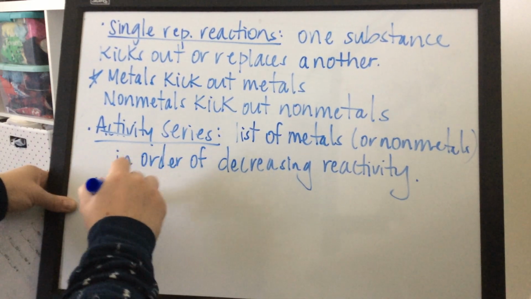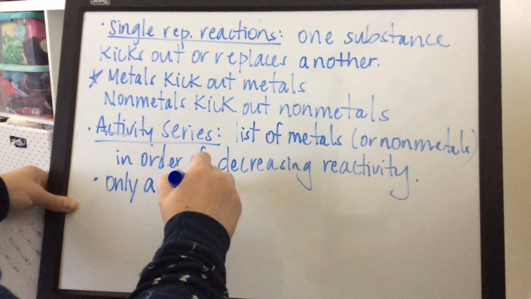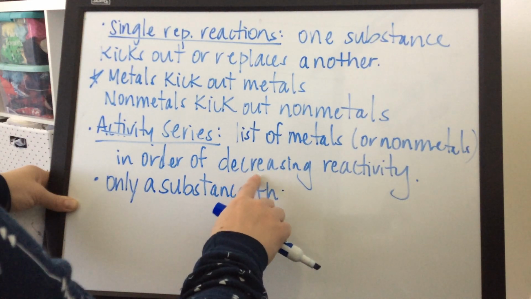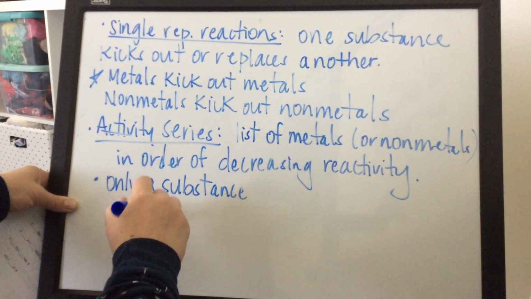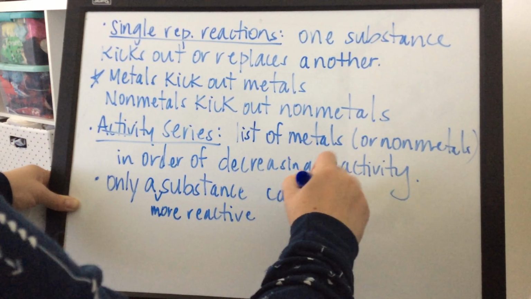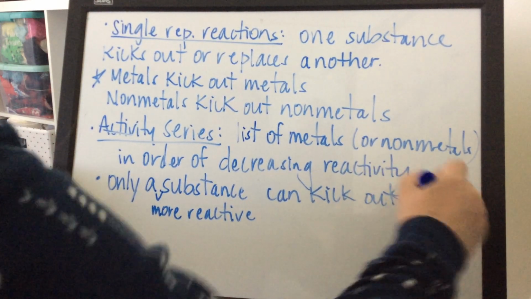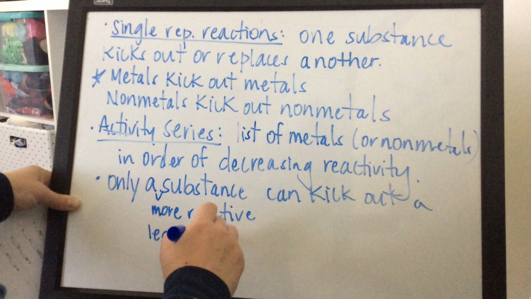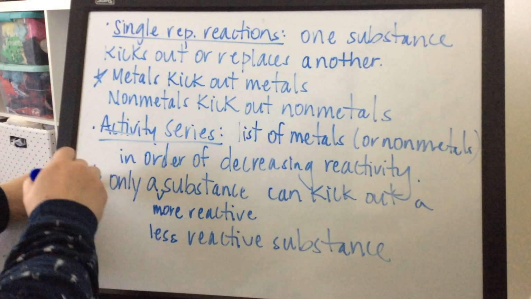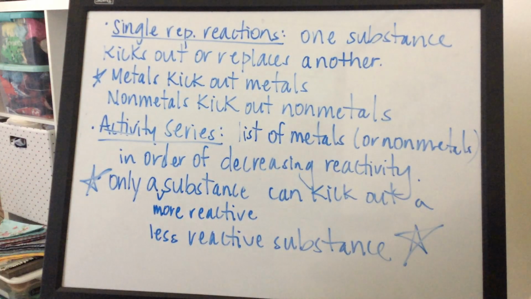I'm going to add this: only a more reactive substance can kick out a less reactive substance. Okay, big idea. Big takeaway point in this part: only a more reactive substance can kick out a less reactive substance.